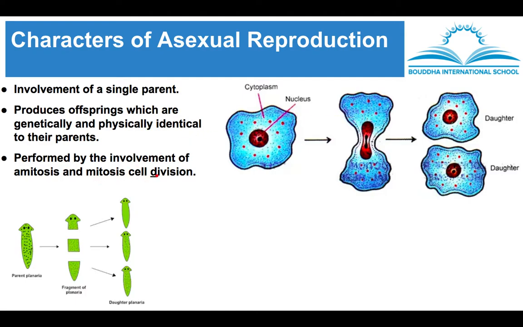Similarly, mitosis cell division is the cell division in which a mother cell divides into daughter cells without any exchange of gene. So that is why asexual reproduction can produce offsprings which are genetically and physically similar to their parents. And it completes in a very short time period. It does not take a long time.